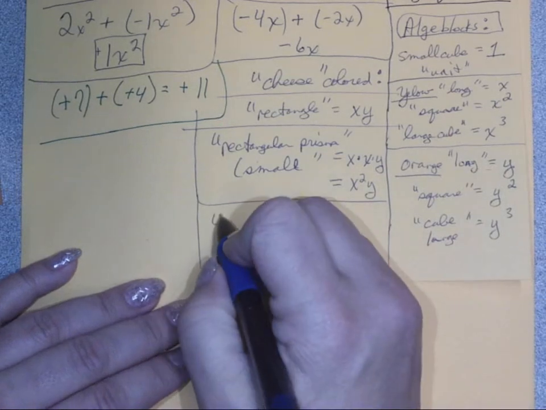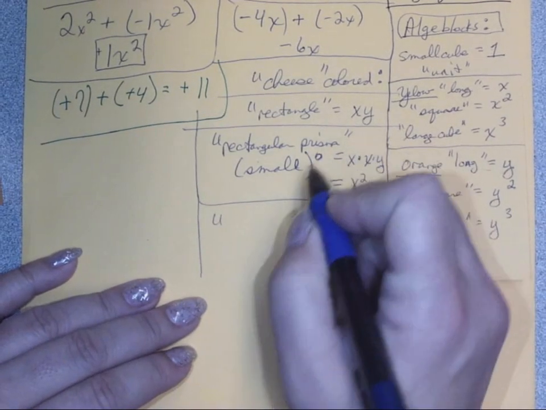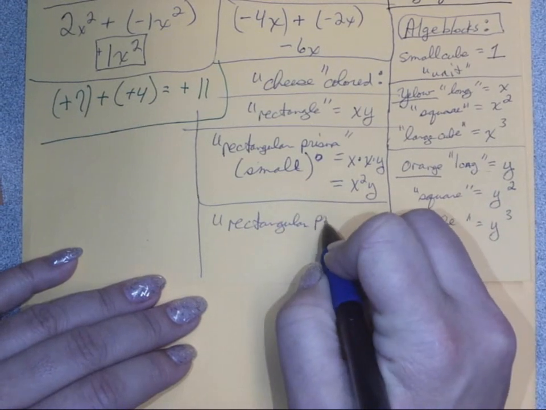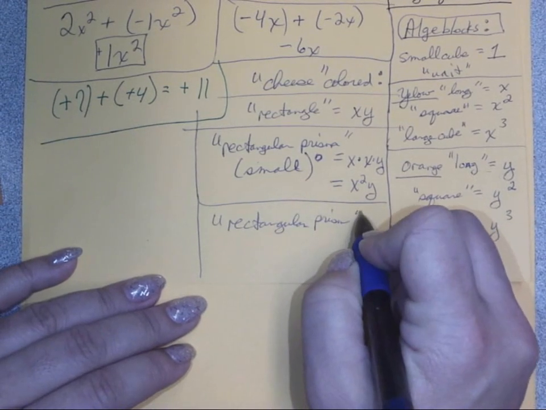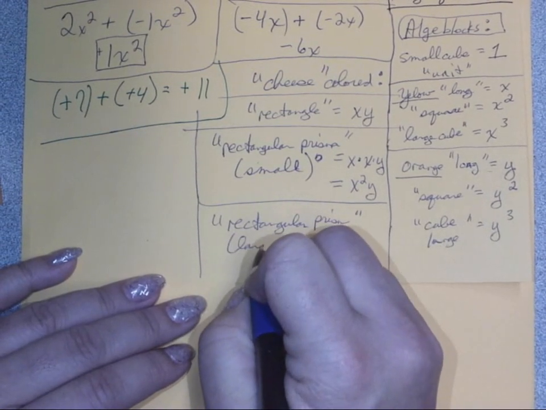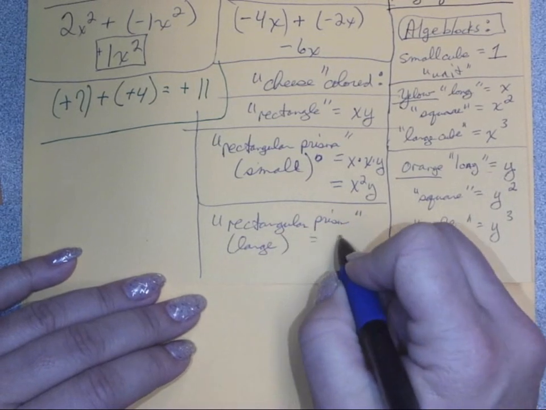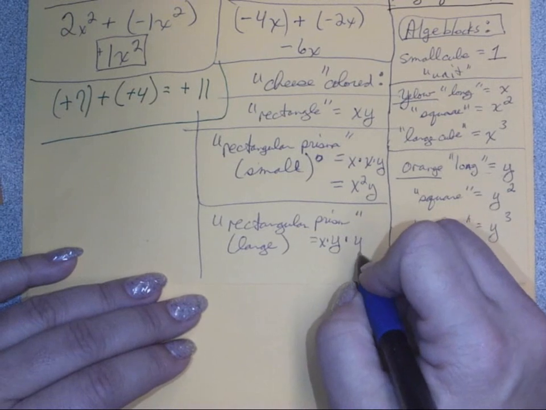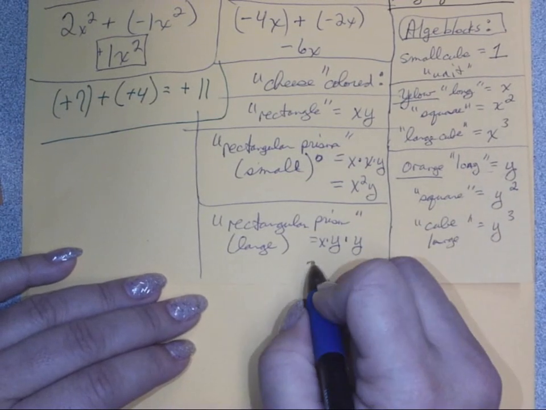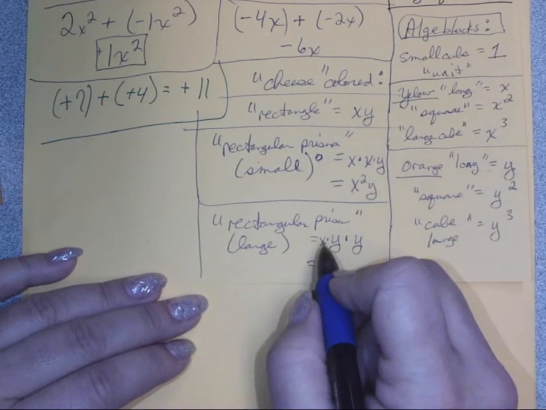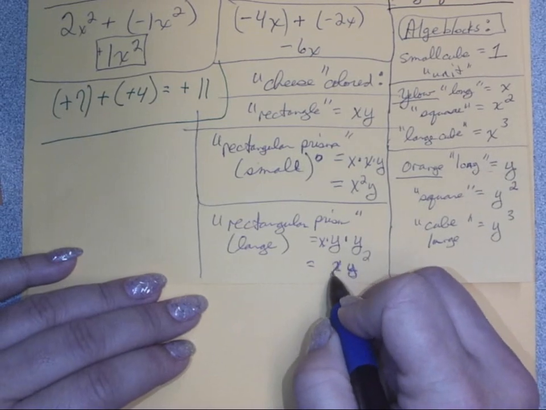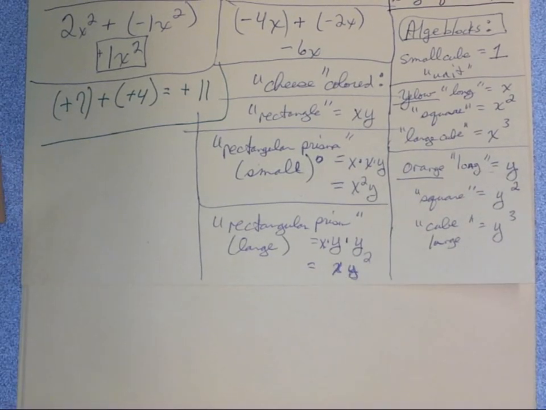So there's another rectangular prism. He's the large one, and his face is also still an x times a y, but his depth is another y. So instead of being the x squared y guy, he's the x y squared guy, right? So you see all these different pieces coming in here.